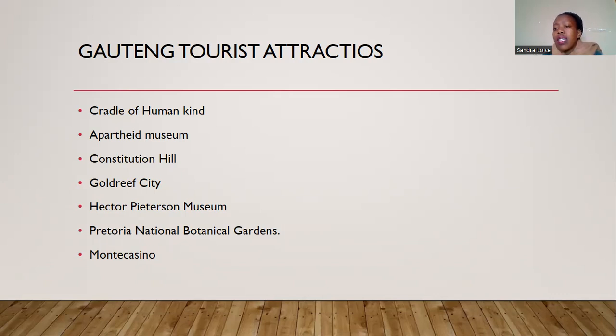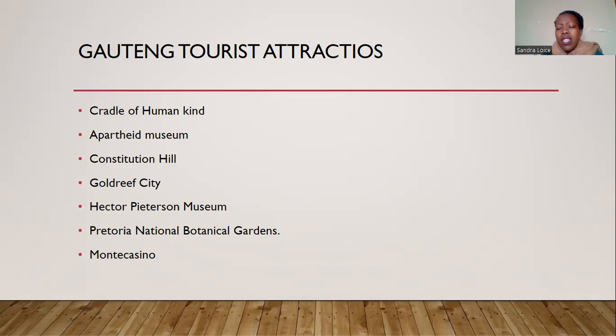The Constitutional Hill holds the pride of South Africa, if I can put it that way. It has a lot to say about our history, where we are coming from, where we are and where we are going, what happened when, why it happened, how did it used to happen.